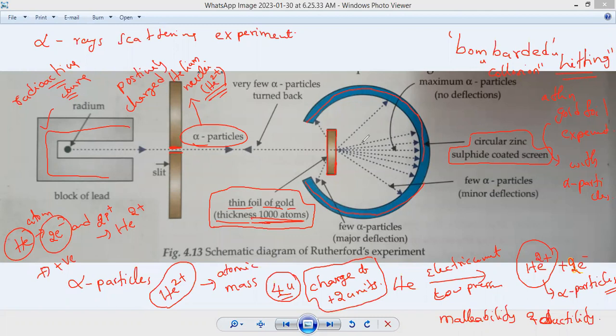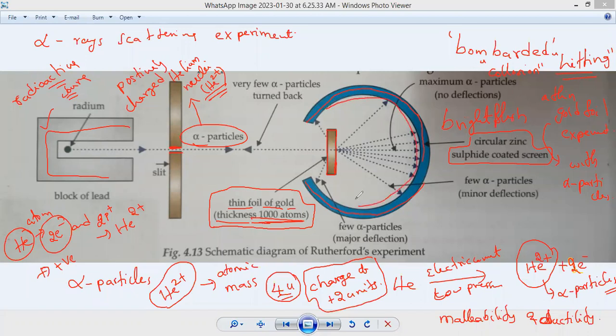That is the first thing. The resultant alpha particles he observed as a bright flash. Bright flash on where? On the screen here.